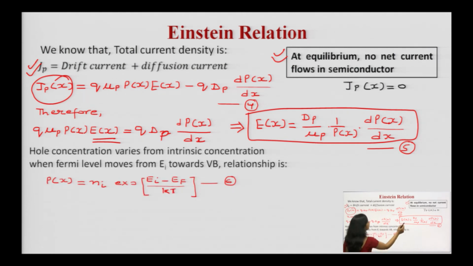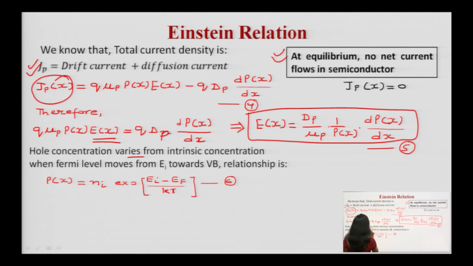Here we have to take one more assumption and we have to analyze it, because you have to derive it finally. So hole concentration varies from intrinsic concentration when Fermi level moves from EI towards valence band. See, if you observe the energy band diagram, there is a valence band, there is a conduction band. In the case of p-type semiconductors, since the concentration of holes is very high in comparison to the electrons, it means Fermi level lies closer to the valence band.